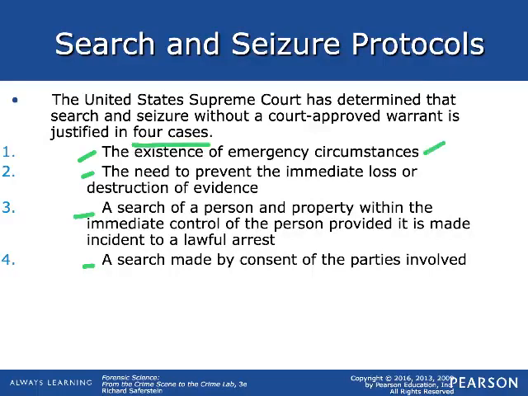The existence of emergency circumstances, the need to prevent the immediate loss or destruction of evidence, a search of a person and property within the immediate control of the person provided it is made incident to a lawful arrest, and a search made by consent of the parties involved.